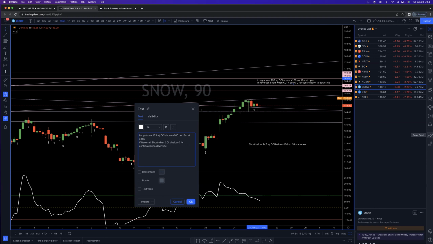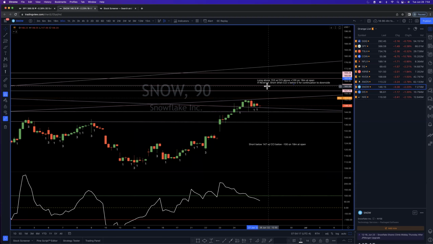Okay, so I'm putting that there just so you know. It could reverse before it crosses 0. So let's say it trades up here and reverses, trades back in here, but it's not below 0, but it is below plus 100. So it crossed back below.